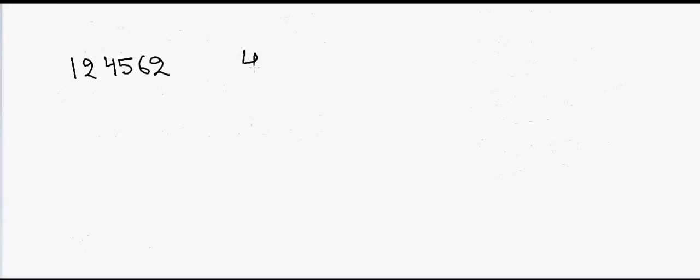In that case I have to look at the last two digits, to see if they are evenly divided by 4. So 62, if we try to divide 62 by 4, I'll get 15 and I have 2 left. So that is not evenly divided by 4. So this number cannot be evenly divided by 4.